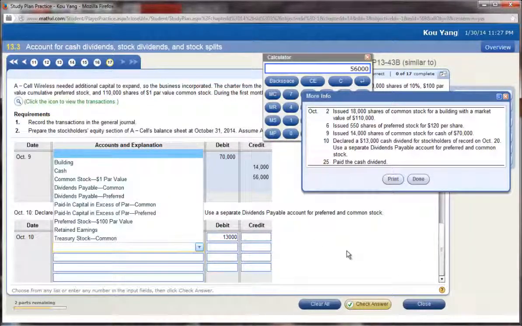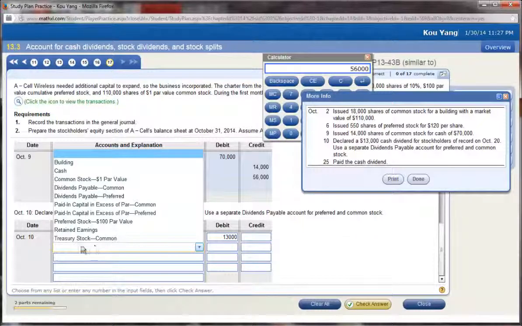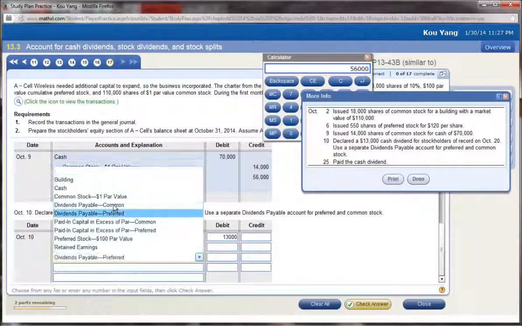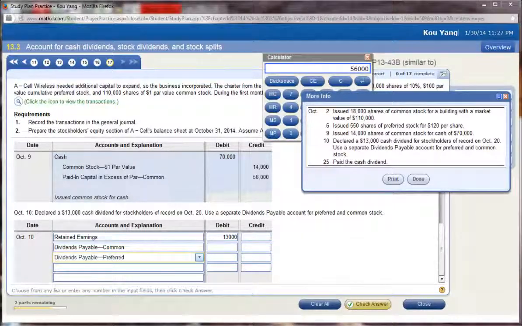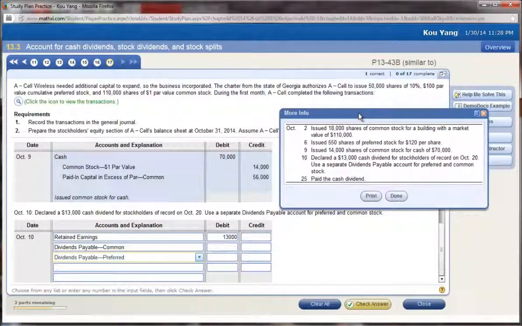And they said to use a separate dividends payable account for each common and preferred. So I'm going to go in here, dividend payable for common and dividend payable for preferred. Okay, remember my earlier homework example of the cash dividends for preferred and for common stock? Well, we're going to incorporate some of that into here.